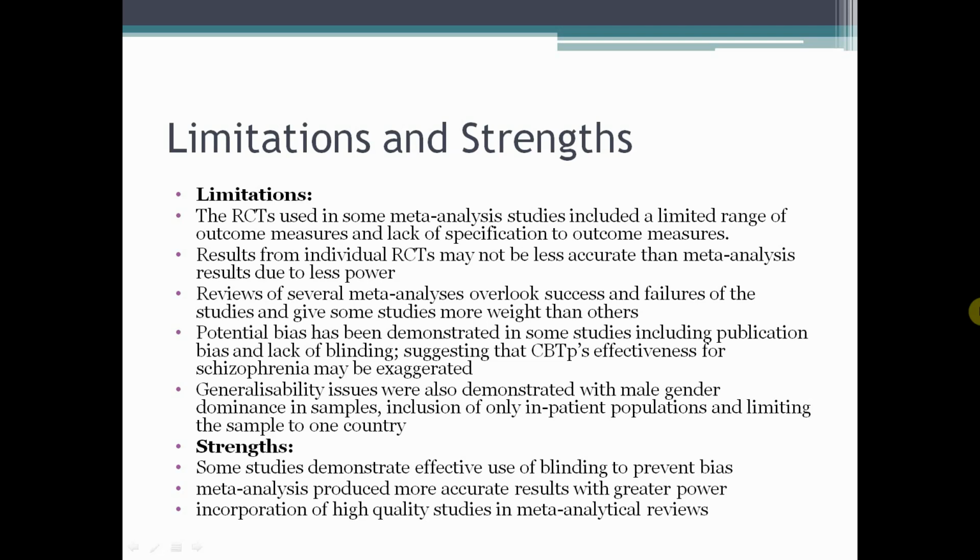Nevertheless, some studies also demonstrated strengths including the effective use of blinding to prevent bias. Meta-analysis produced more accurate results with greater power, and incorporation of high-quality studies in meta-analytical reviews were also evident.